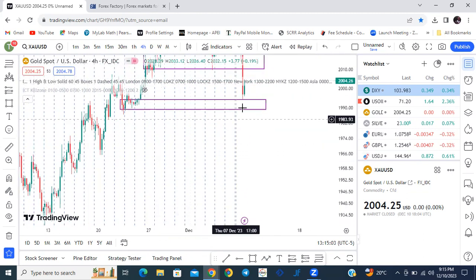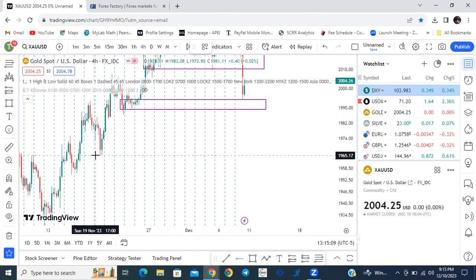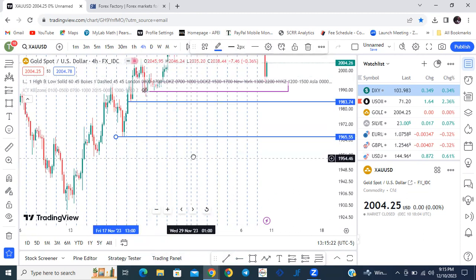And if the price comes back to this area, then we might want to see a drop to take these liquidities. We have some liquidities. The first level is actually at that area, 1983. Then we have liquidities around 1965.